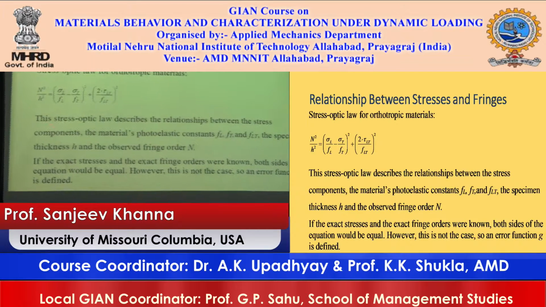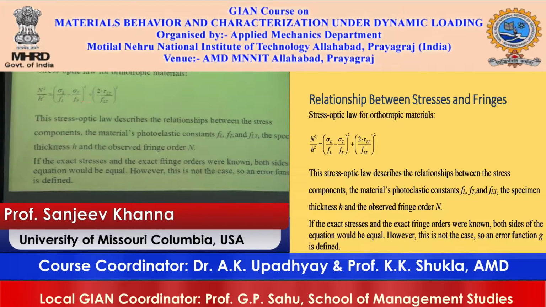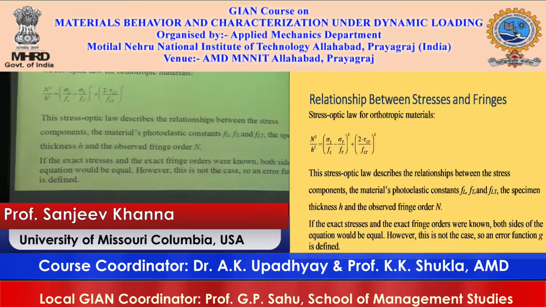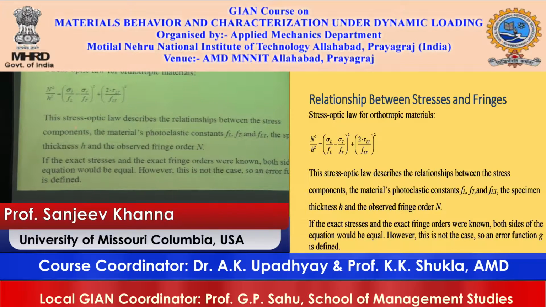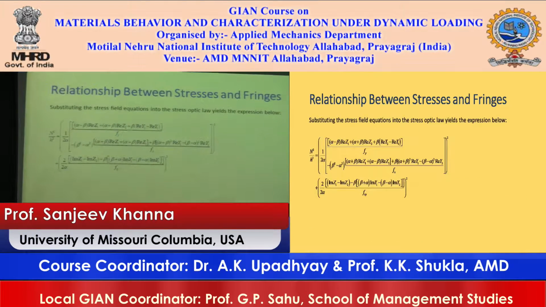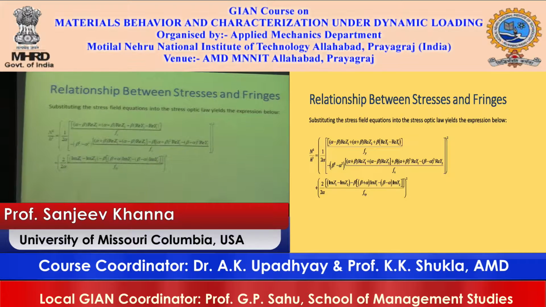Okay. And these are the fringe, photoelastic fringe constants here on the bottom. So then what I can do is now, and H here, that's the thickness of the specimen. So I can then put in my stress field here, sigma L, sigma T, tau LT into this expression, and I get something like this.